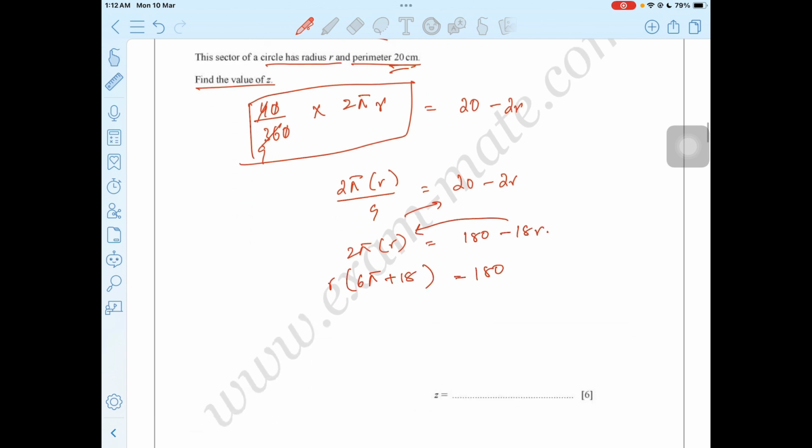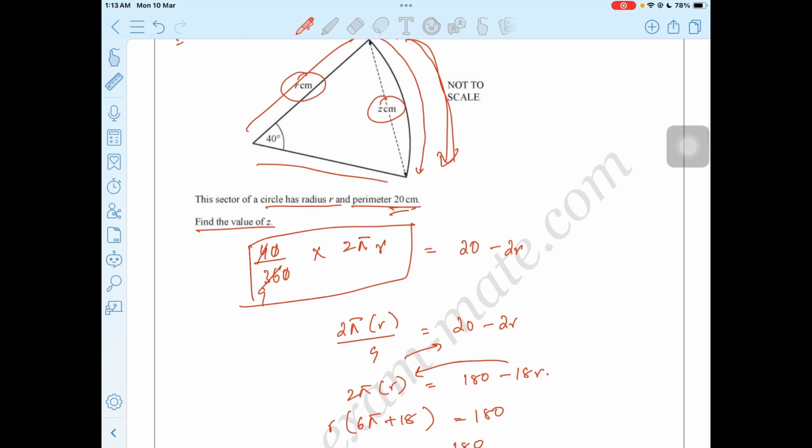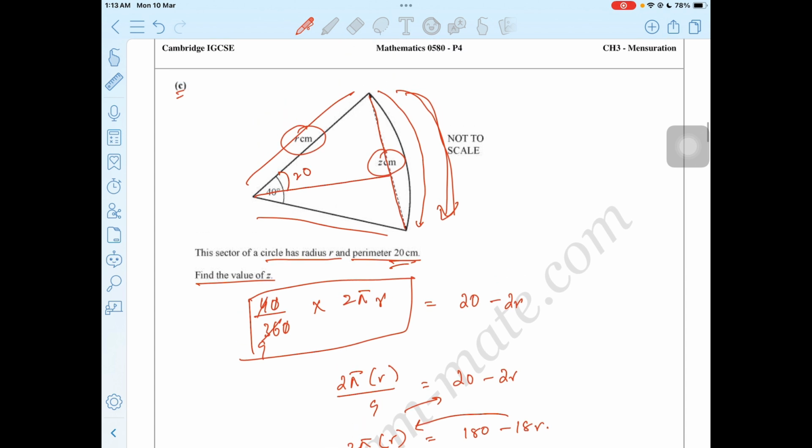We get our r as 180 over 6 pi plus 18, so we get our r as 4.885. Just take this as 4.885.